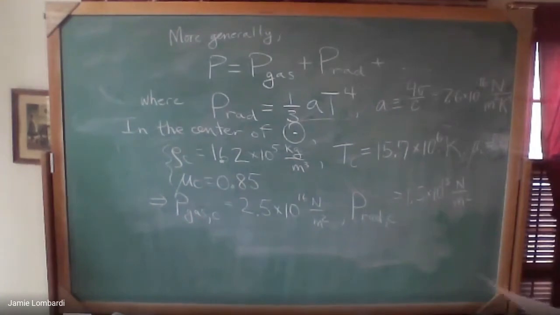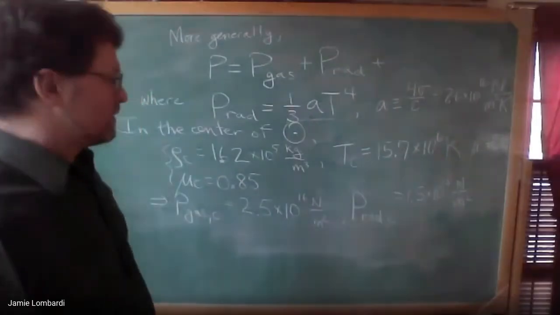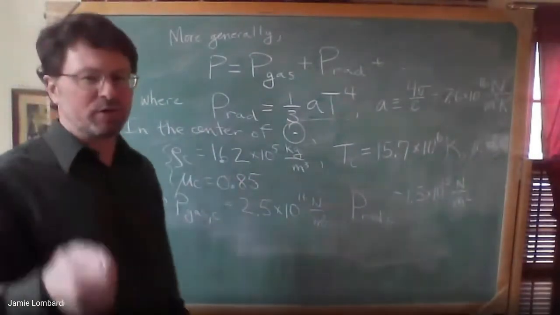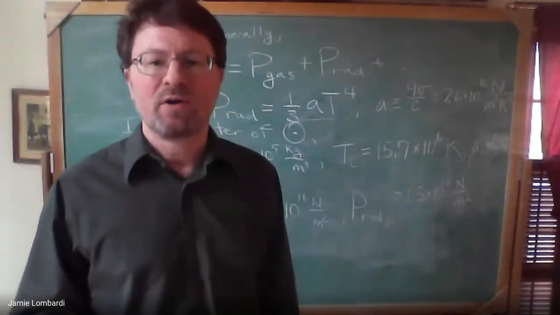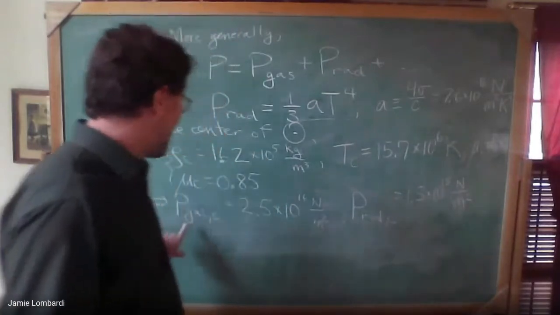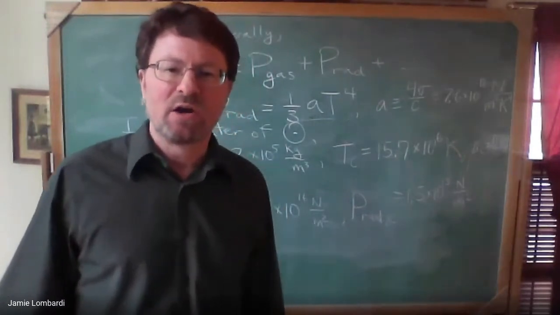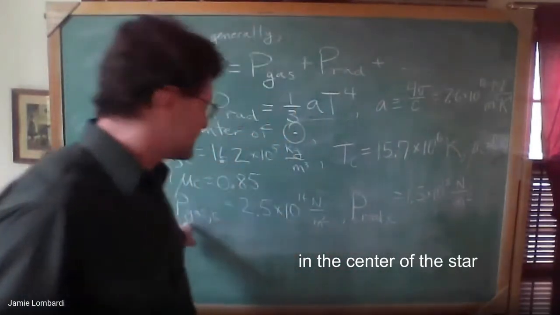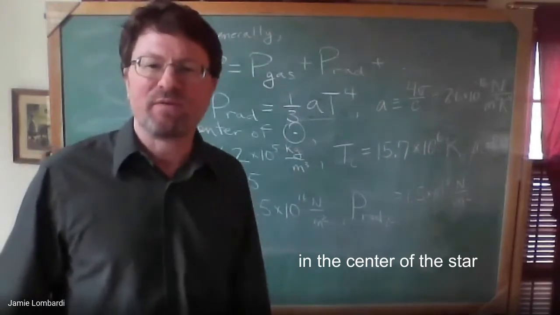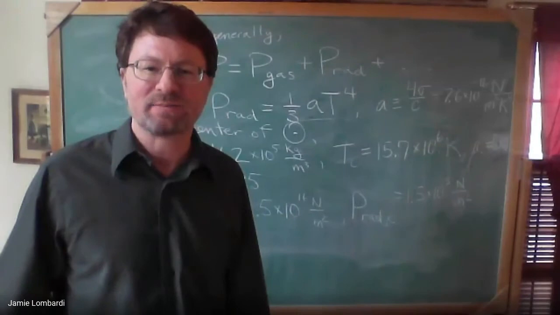Comments or questions on this? Does radiation pressure dominate over gas pressure in the center of any stars? There are stars, like one you'll test on your homework, where P-rad starts to become more important because it gets closer to P-gas. It is honestly hard to find a star where P-rad is going to be as large as P-gas. Maybe if you search long enough and think about enough different stars, you could probably find a case.